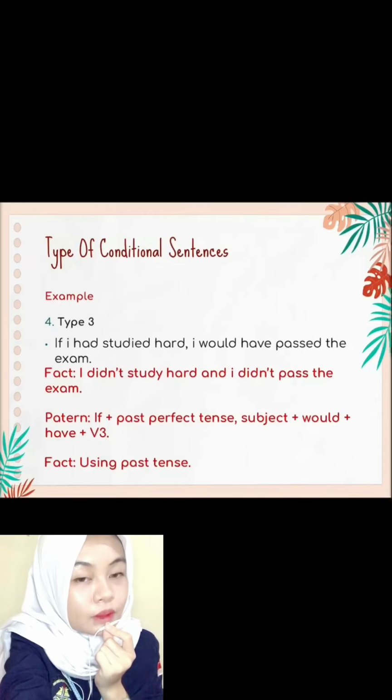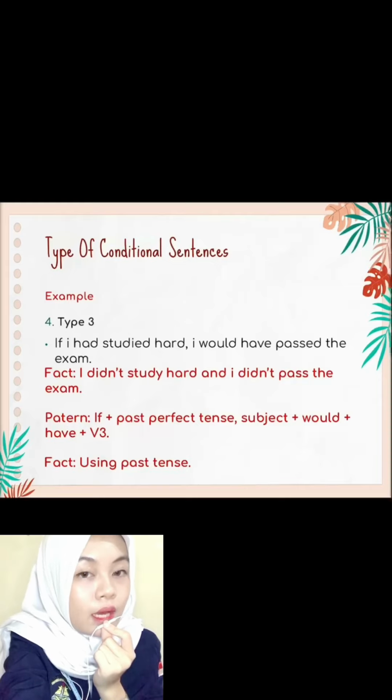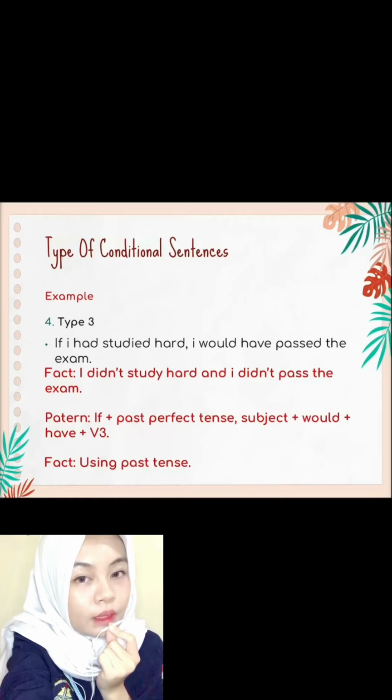An example sentence would be, if I had studied hard, I would have passed the exam. So the truth is, I didn't study hard and I didn't pass the test. The pattern is if plus past perfect tense, subject plus would plus have plus verb 3. Fact, use the past tense.